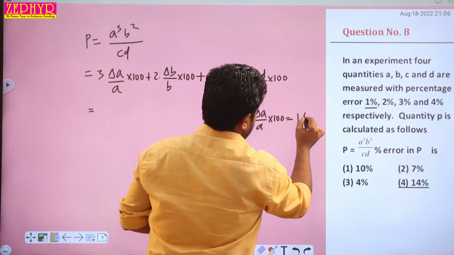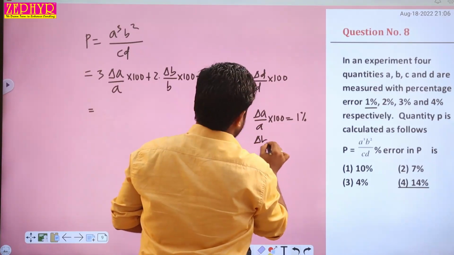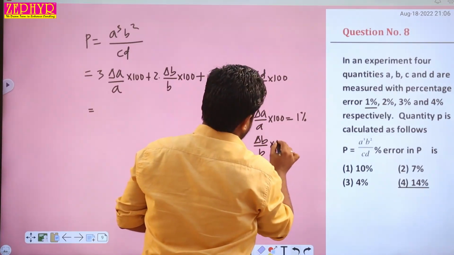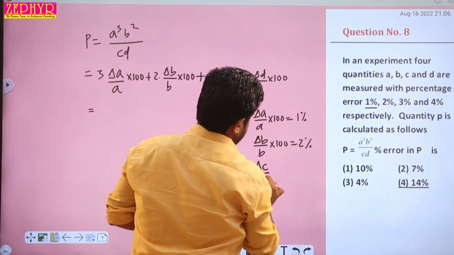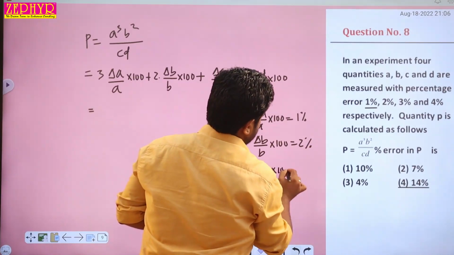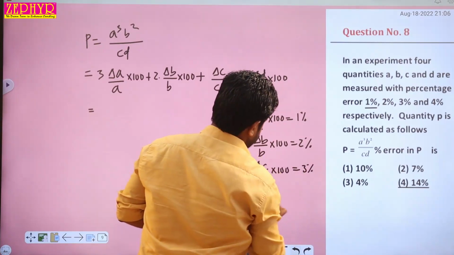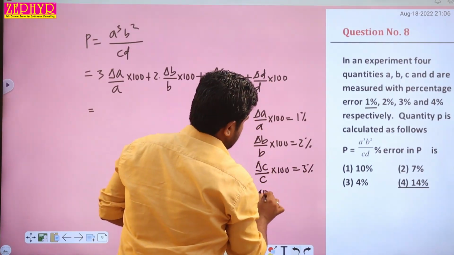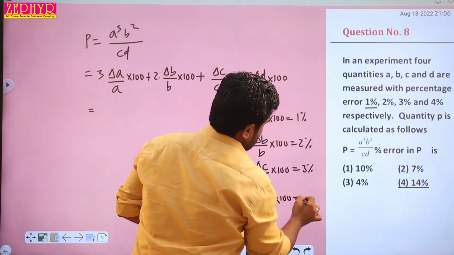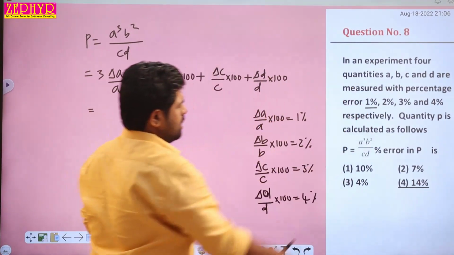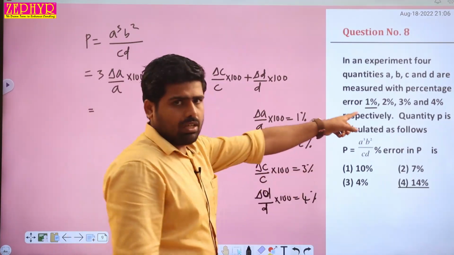Delta B divided by B into 100 is 2%, delta C divided by C into 100 is 3%, and delta D divided by D into 100 is 4%. These are the values from the question.